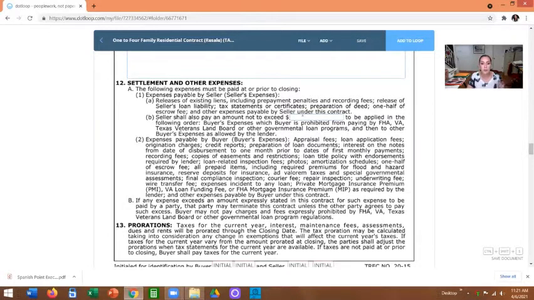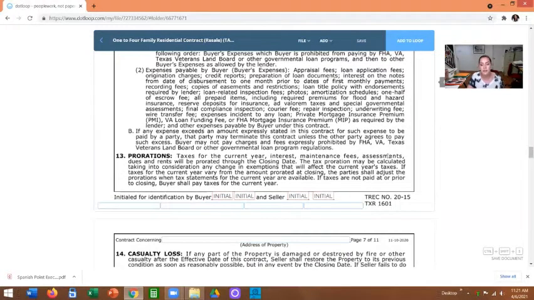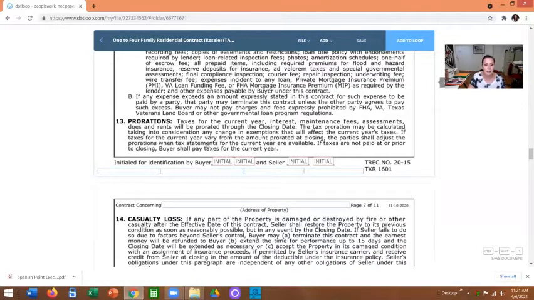So the seller will pay up to a certain amount of money for closing costs or zero. And then there's a list of fees for which that money can be paid. It cannot go for down payment, and it doesn't become a check written to the buyer at closing. Okay. Now, of course, if it's an FHA or VA loan, there's certain things that are allowed to be paid for from those closing costs.